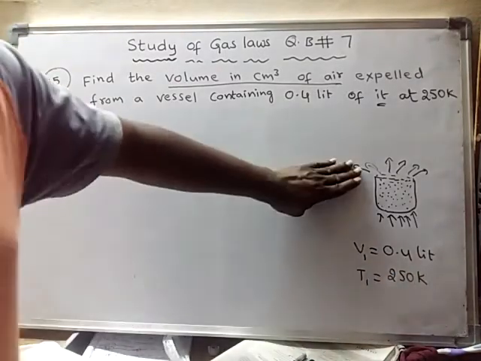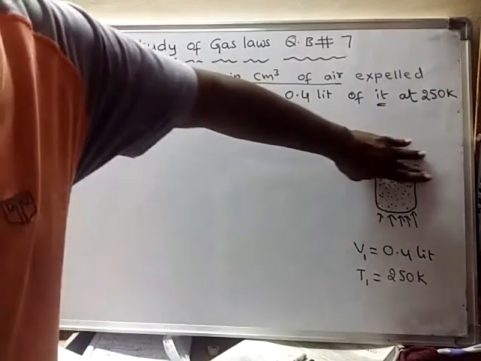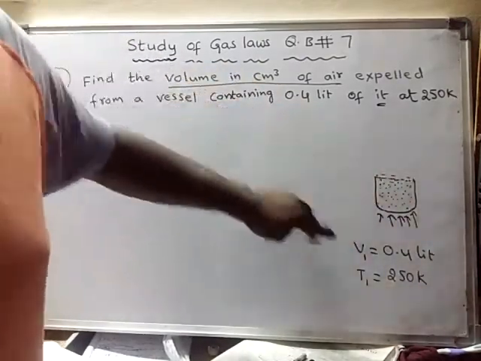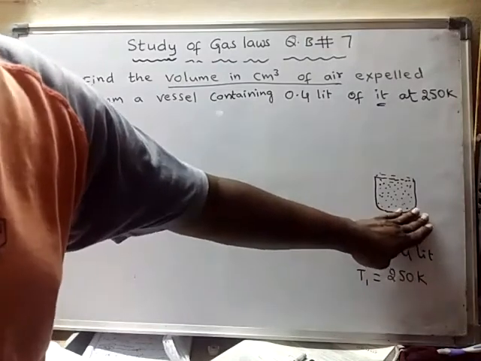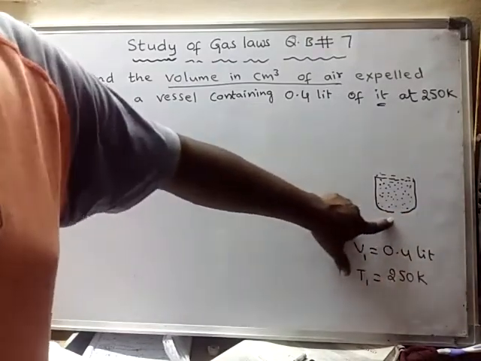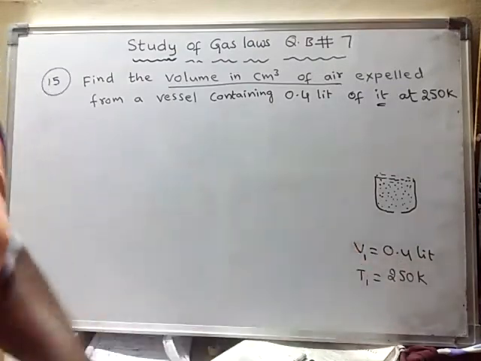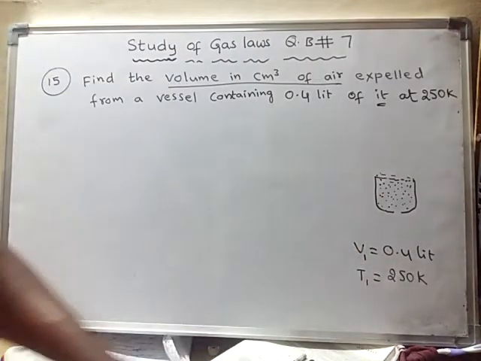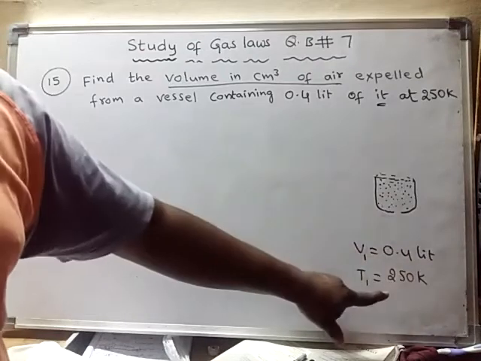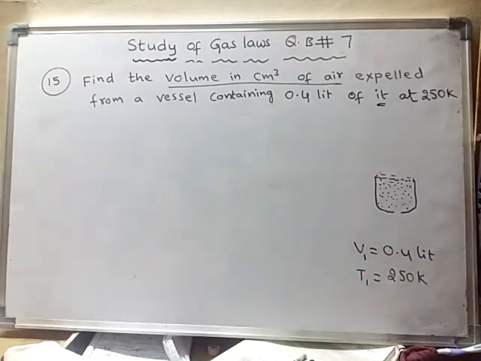So initially, before heating, the volume of the air present in the vessel is 0.4 liter, and the temperature of that gas is 250 Kelvin.